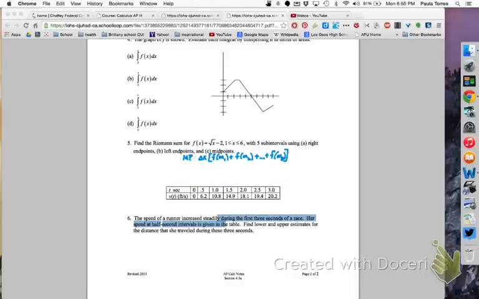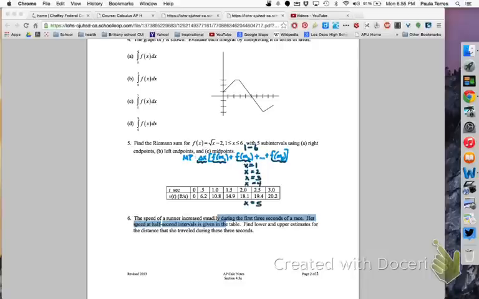So going back to how I actually calculate the area using the midpoints, remember this is the width of my rectangle still, and then I have to find the y values for each of the midpoints. Remember I was going from 1 to 6, and so normally I'd be counting, if I were doing left points, x equals 1, x equals 2, x equals 3, x equals 4, x equals 5.